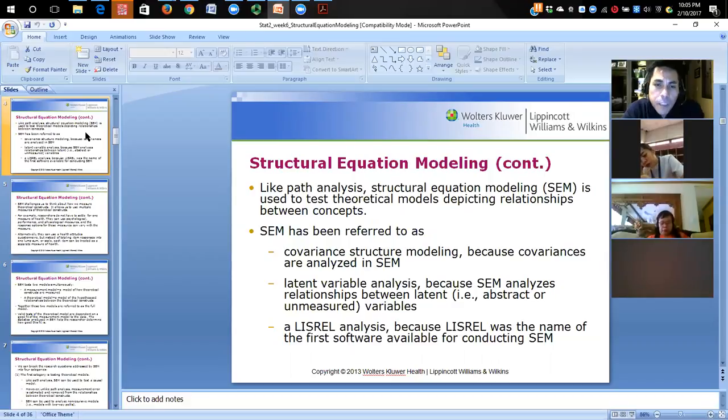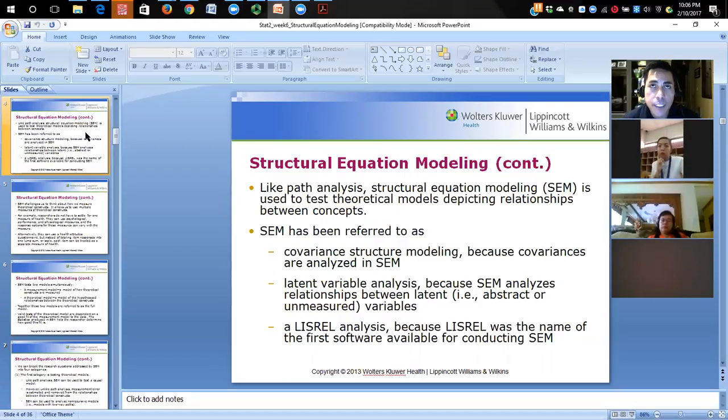SEM has been referred to as latent variable analysis, the analysis of the relationship between latent variables.